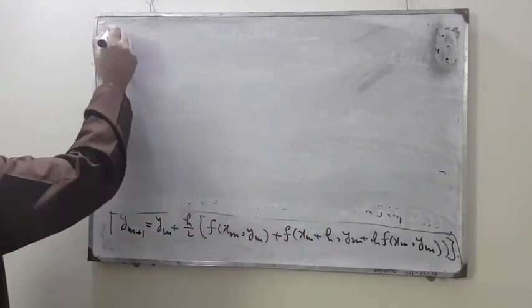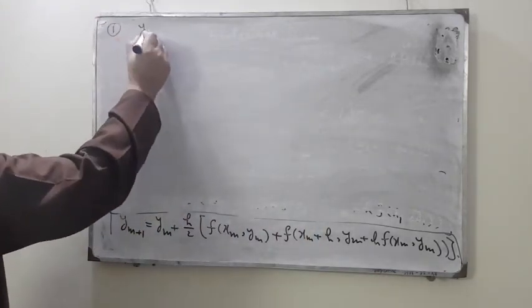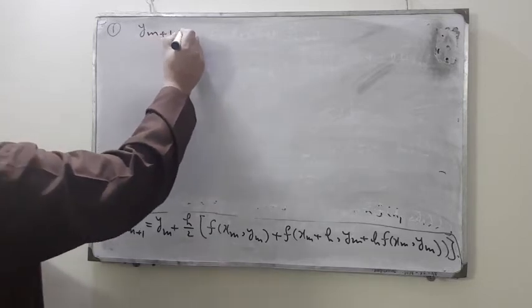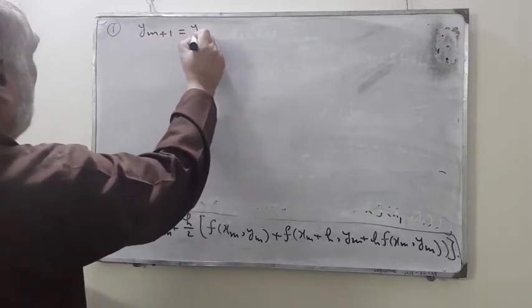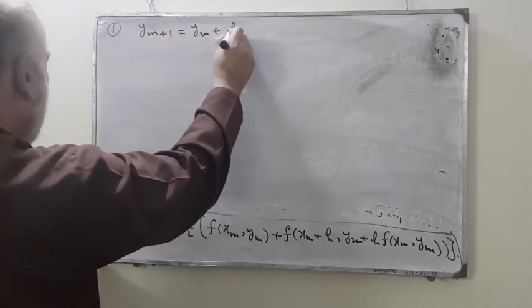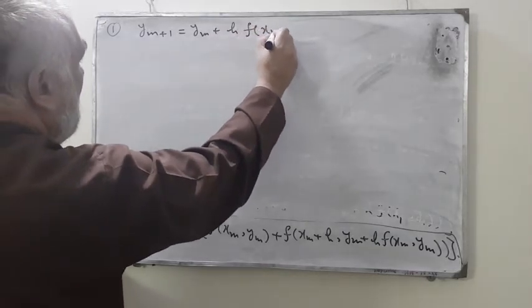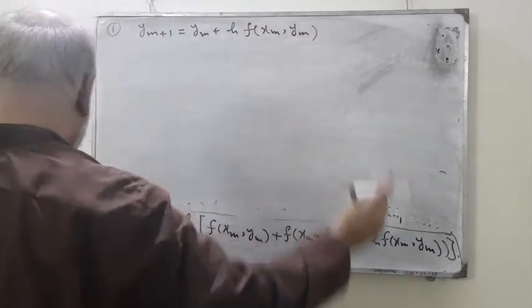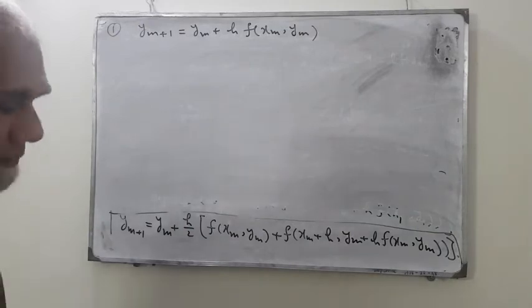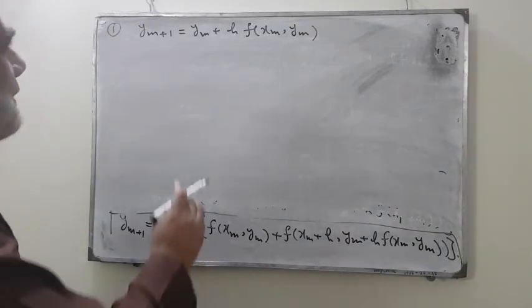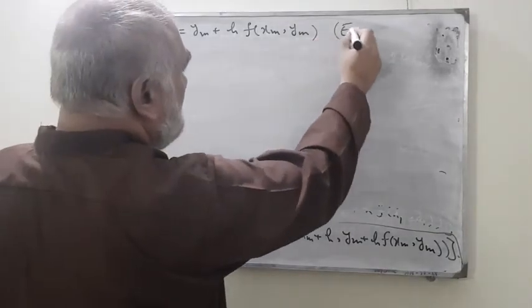The first formula for the Euler's case: we obtain y(m+1) is equal to ym plus h times f of xm and ym. This is the first formula we obtained for the case of the Euler's method.